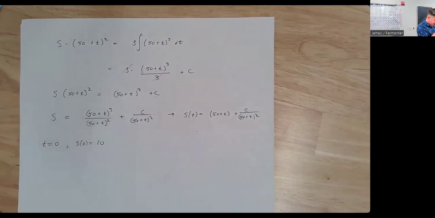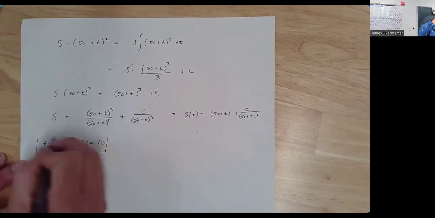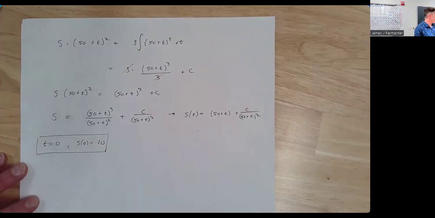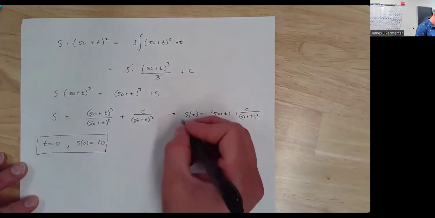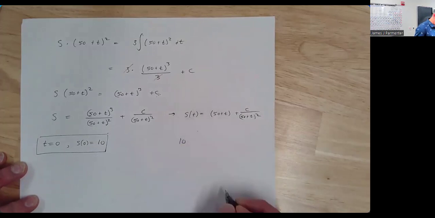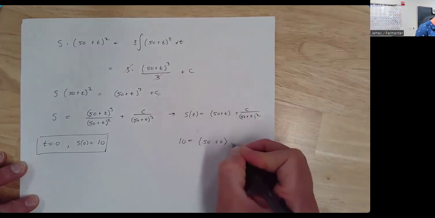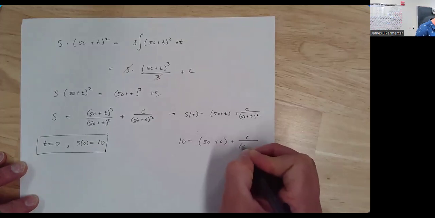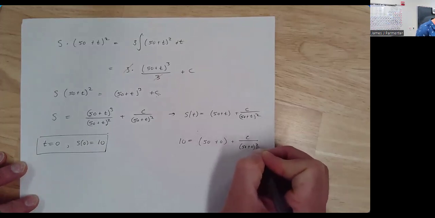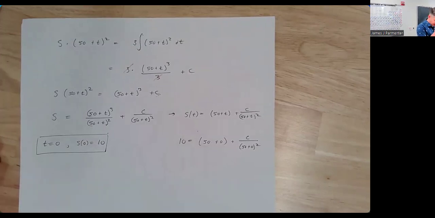So we're going to plug in this initial condition to get what the constant C is. So 10, the amount of salt, is equal to 50 plus 0 plus C divided by 50 plus 0 squared. And then we're going to solve for C.